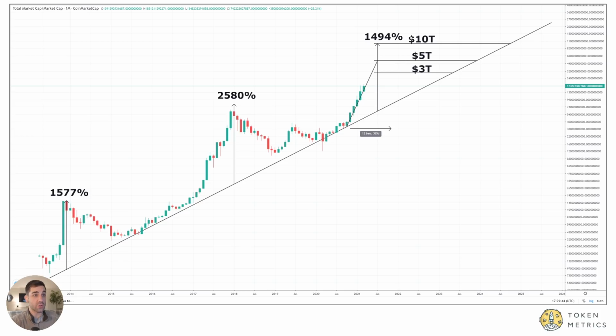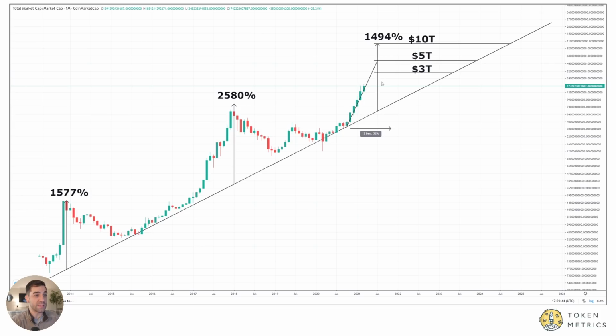Now, could we potentially hit a $10 trillion market cap? That would be over 5x where we currently are. And we can gut check ourselves and ask, would that be reasonable by July? It might be a stretch by July, but if the bull market continues longer with the trend that we're on, sometime by the end of 2021 we could reasonably see this.